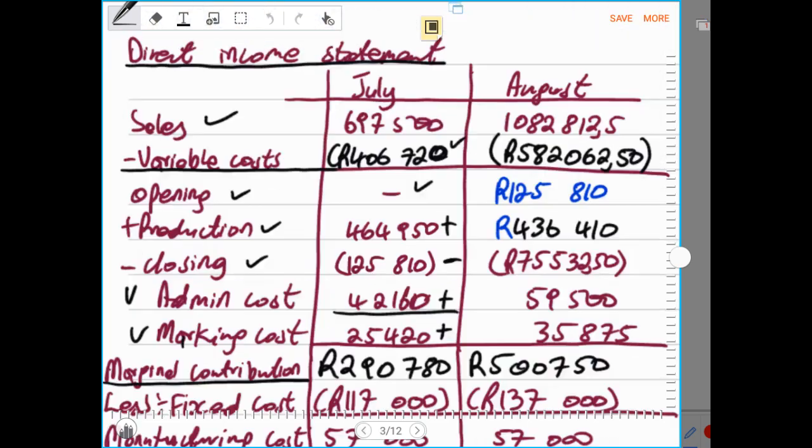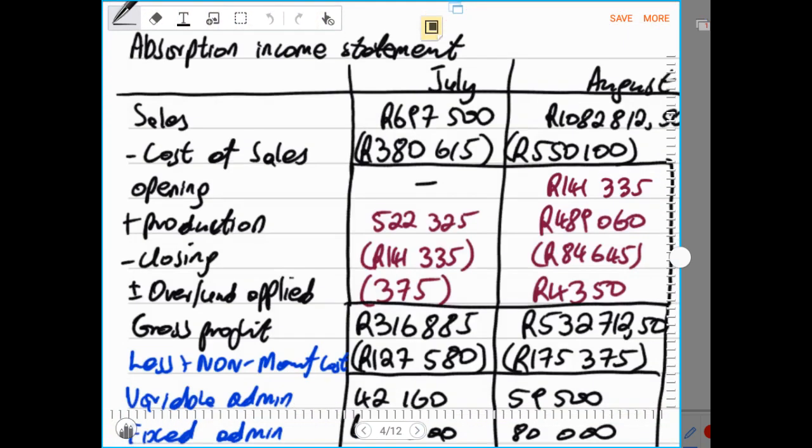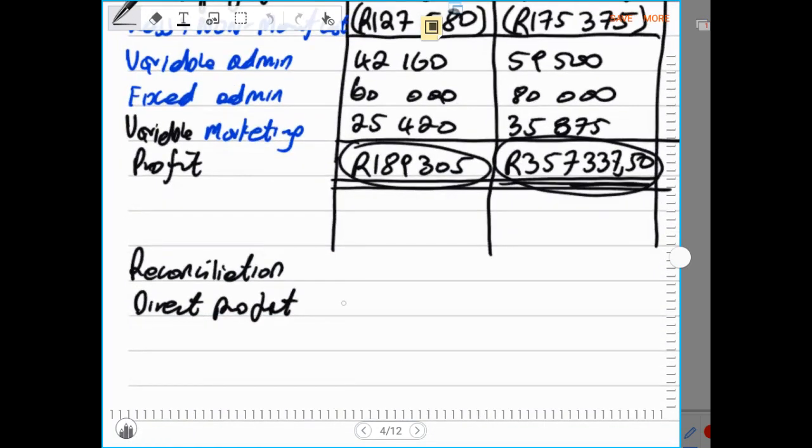And the direct profit is 173,780. And there was an increase in inventory. Our inventory increased from 0 to 23,000. Opening was 0, closing was 23,000.